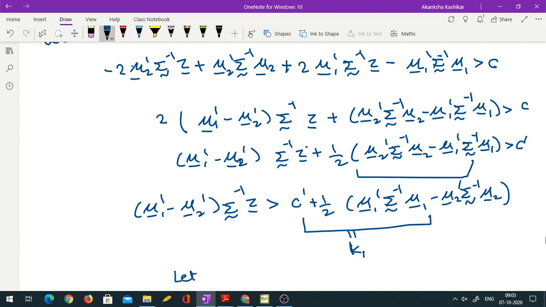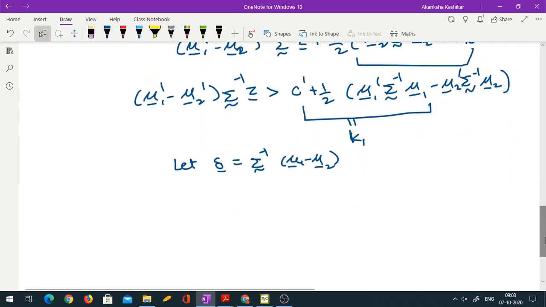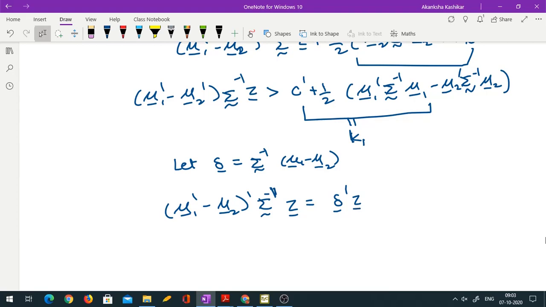Now, just for simplicity, let delta be defined as sigma inverse (mu1 minus mu2). If delta is defined as this, then (mu1 prime minus mu2 prime) sigma inverse Z can be written as delta prime Z. The prime of sigma inverse (mu1 minus mu2) would be (mu1 prime minus mu2 prime) sigma inverse.